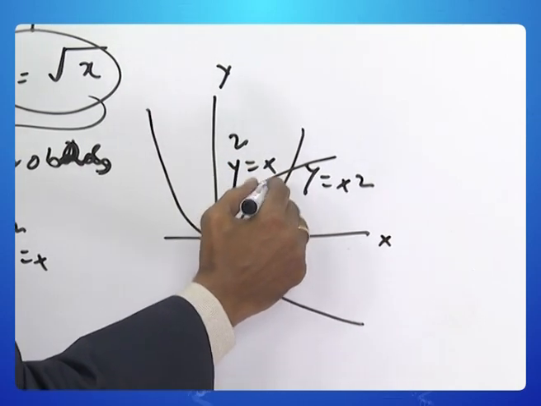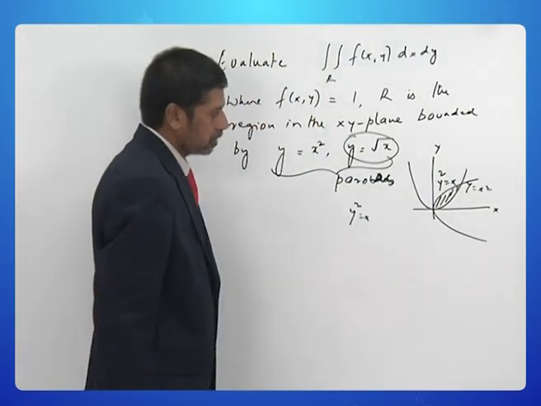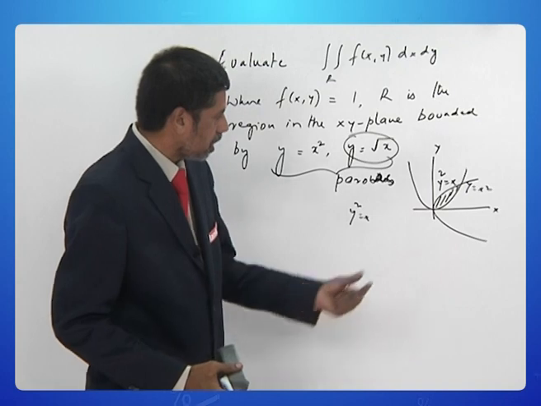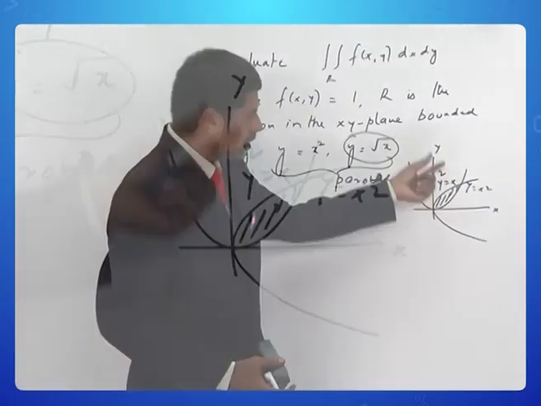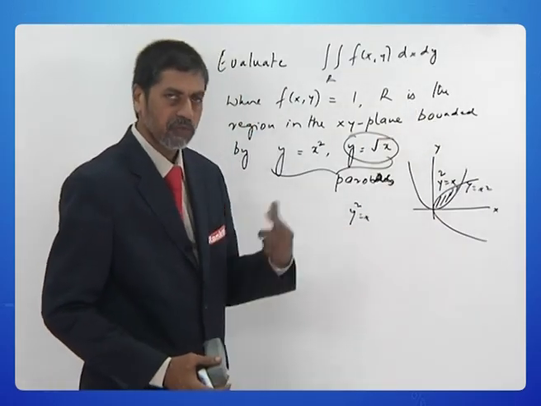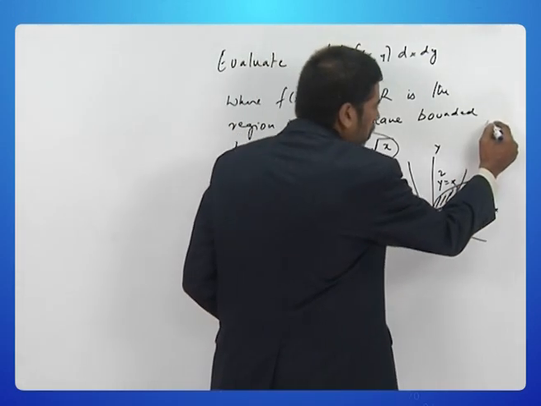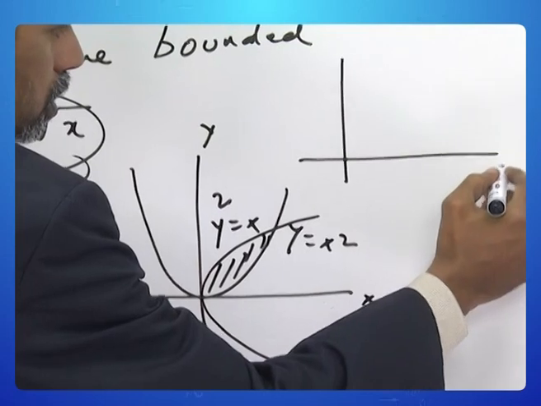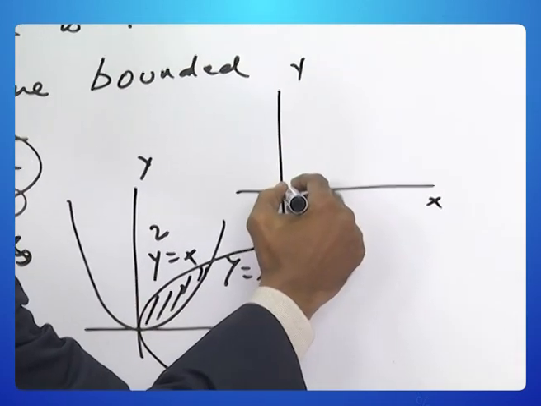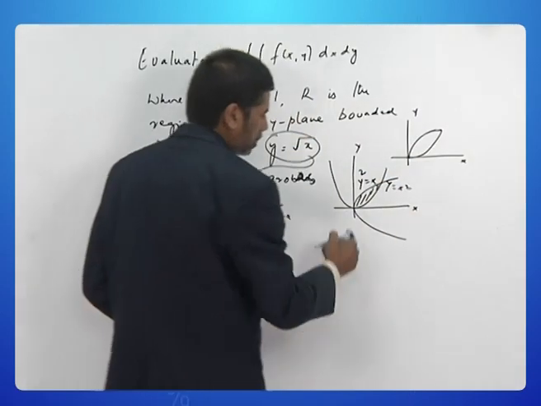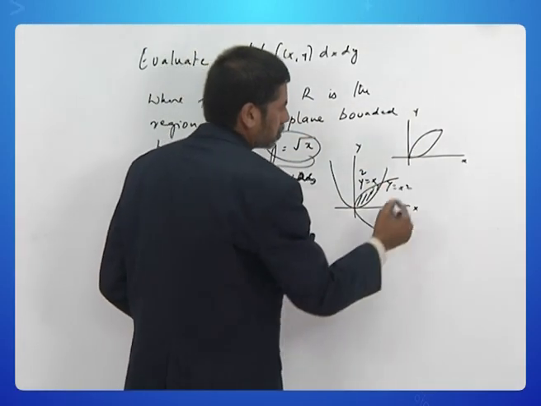So the region of integration is that part. So now what I'll do is I will draw this region magnified so that we can analyze. This region is the same as this region.